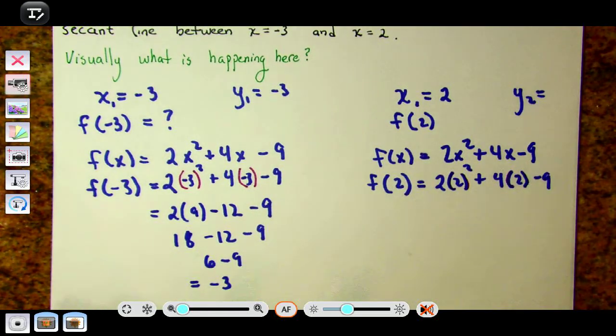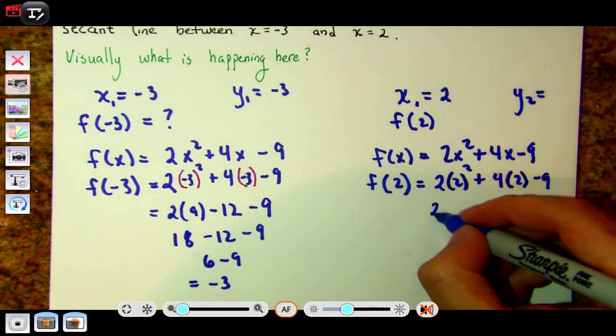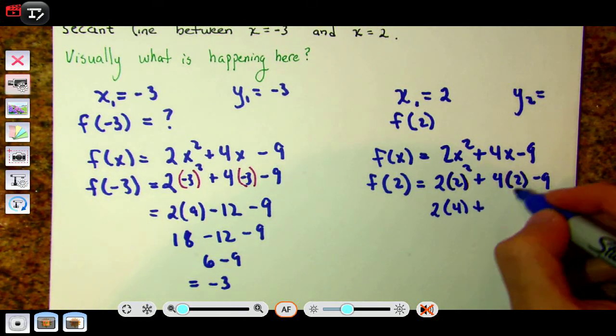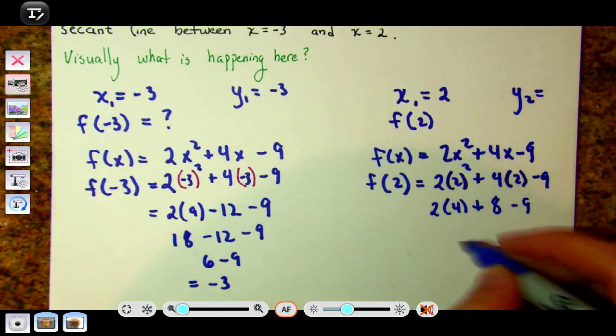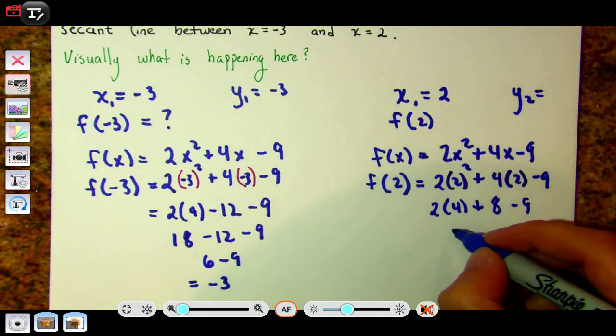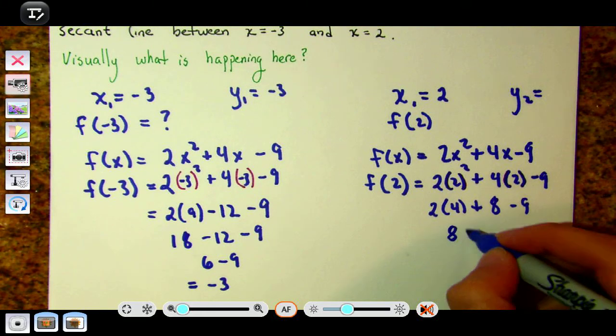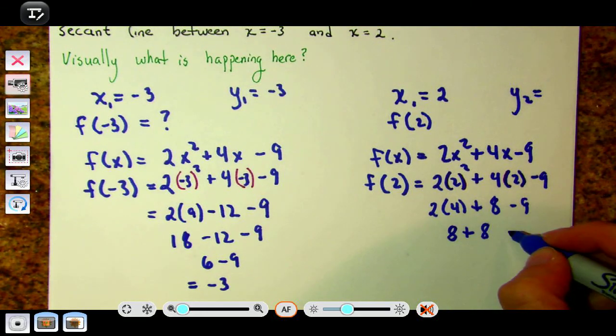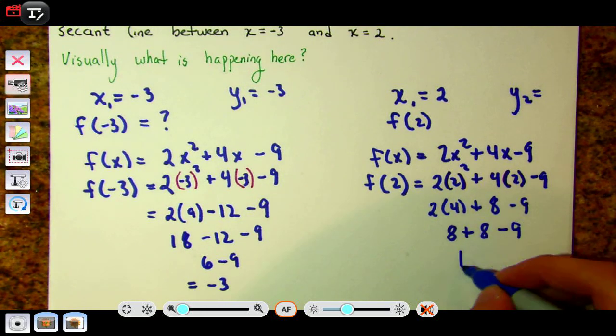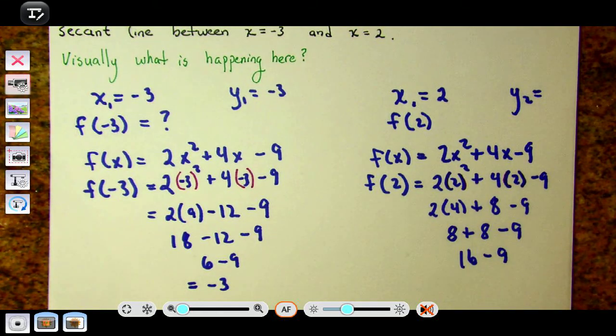This is 2 squared, so this is 2 times 4 plus 4 times 2 is 8 minus 9. This is 8 plus 8 minus 9. So this is 16 minus 9. And then this becomes 7.